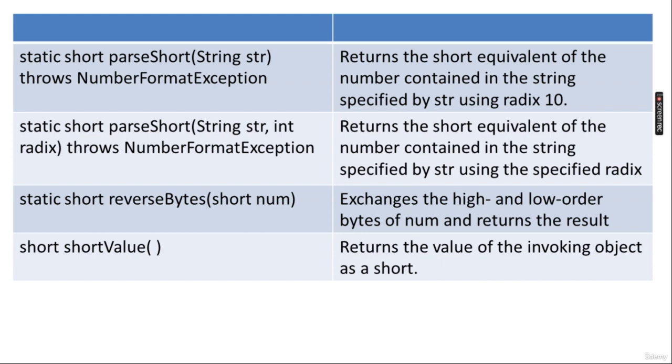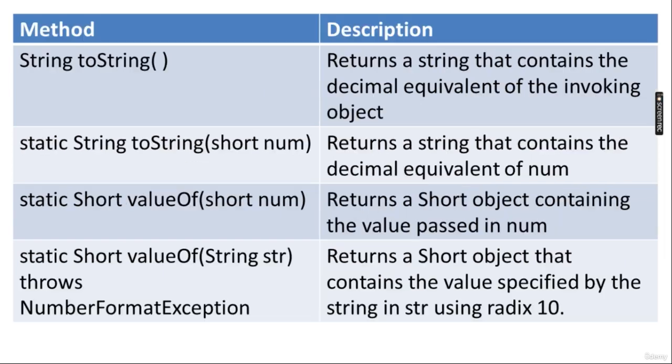Then static short parseShort(String str, int radix) throws NumberFormatException returns the short equivalent of the number contained in the string specified by str using the specified radix. Static short reverseBytes(short num) exchanges the high and low order bytes of num and returns the result. Then shortValue returns the value of the invoking object as a short.